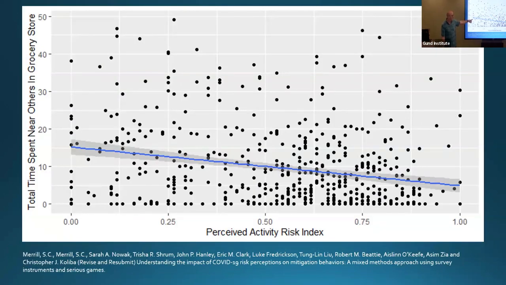This is how much time they spent around people in the game. So if they didn't think COVID was a risk out here, they spent a lot more time around people than if they thought COVID was a real danger. Pretty strong signal there, and really fascinating, right? That you've got this game, and people in the game are playing like they do, assumedly, in the real world, at least based on their perceptions and how they responded to the survey.